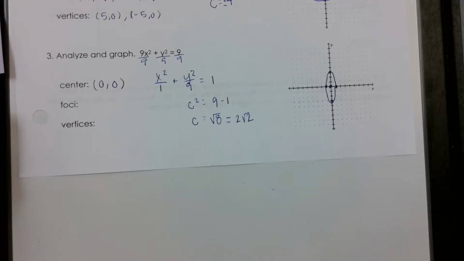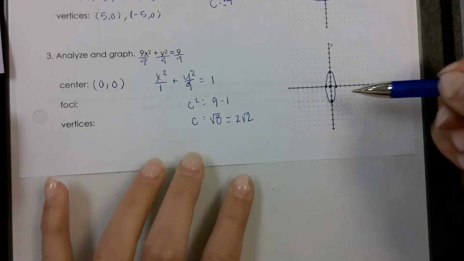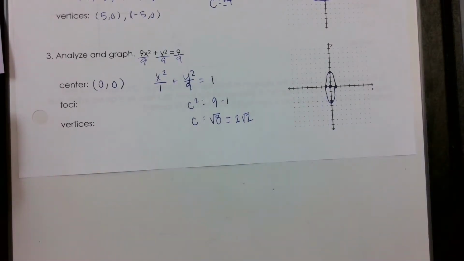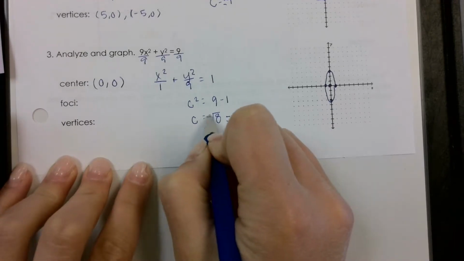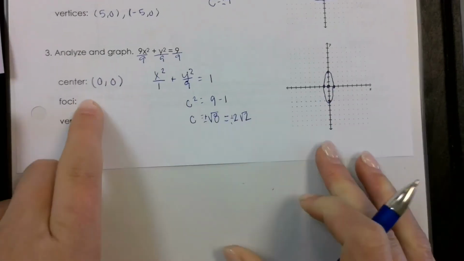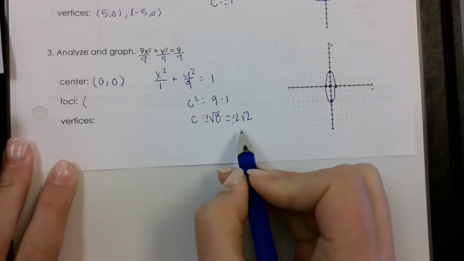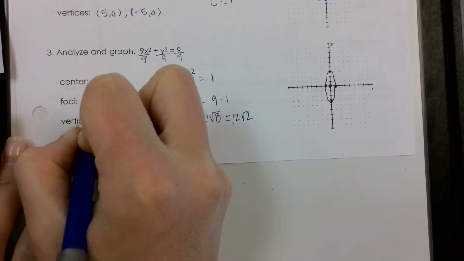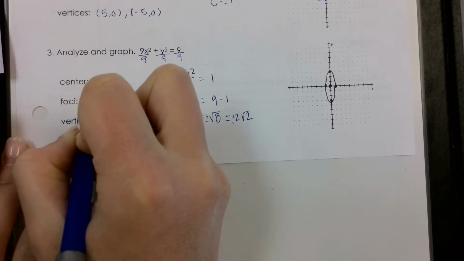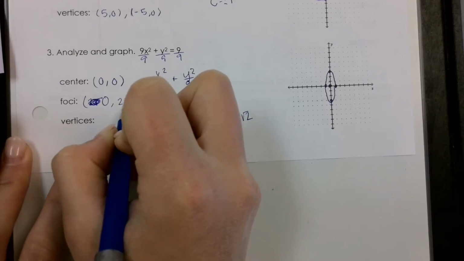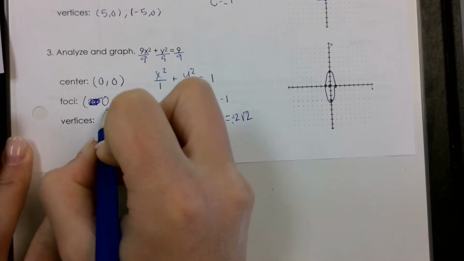Okay. To find your focus, we're going to be going in the y direction this time because that's taller. It's taller along the y-axis than it is along the x-axis, so that's where we're going to go. You'll add and subtract these numbers to your center. So we'll have 0, comma 2 square root 2, because we're going in the y direction this time instead of the x direction.